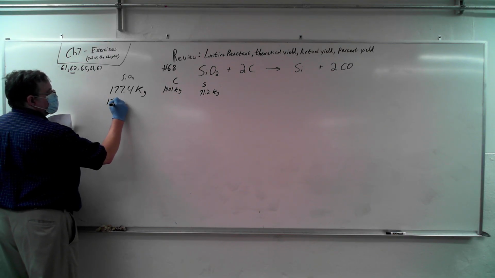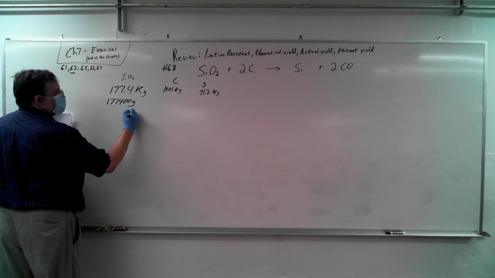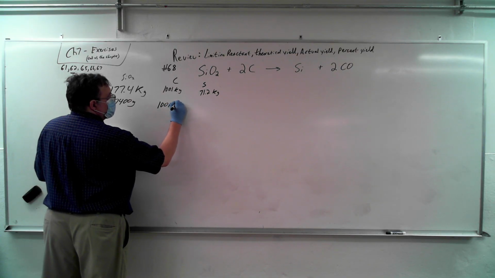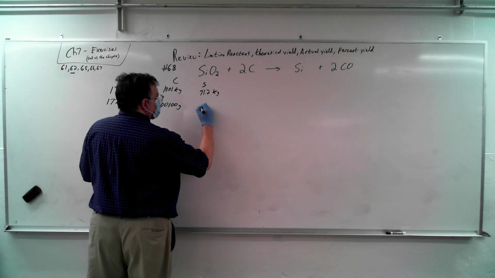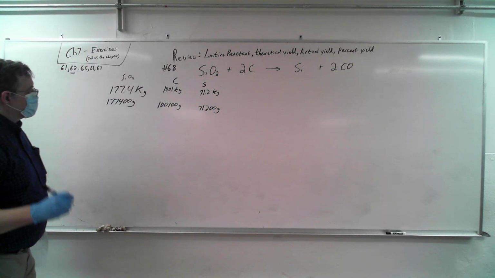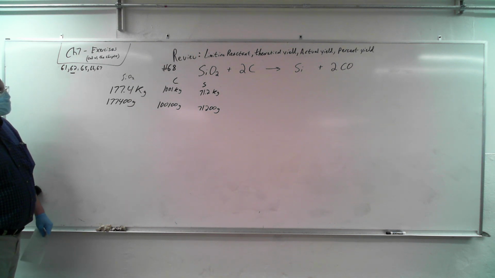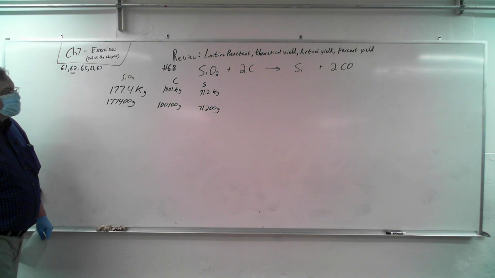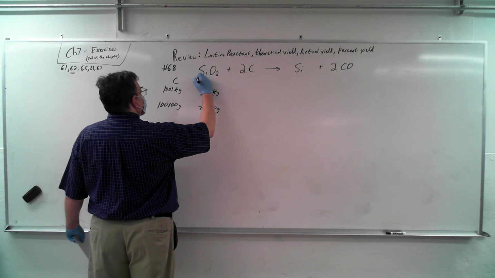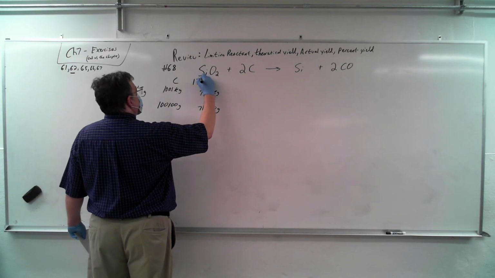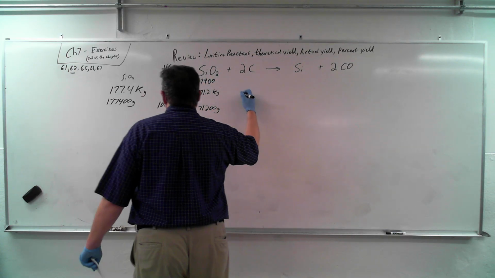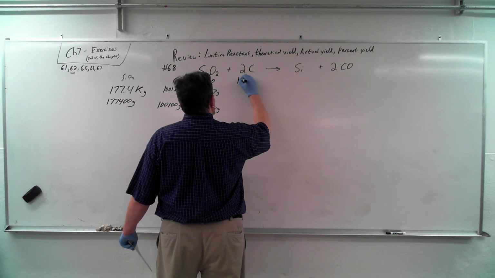This many kilograms is 1774 grams. This is 100. So I know these are huge numbers. There they are in grams. I've just moved the decimal 3 places to the right. The fact that they're huge numbers doesn't change the process at all. The problem is describing an industrial process, and they always do things at a big scale.